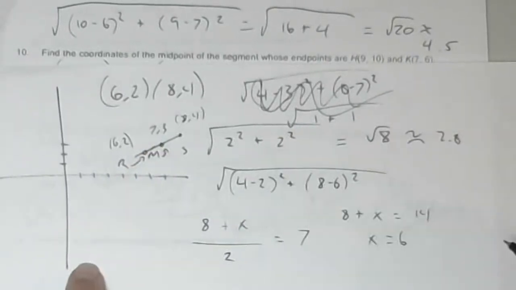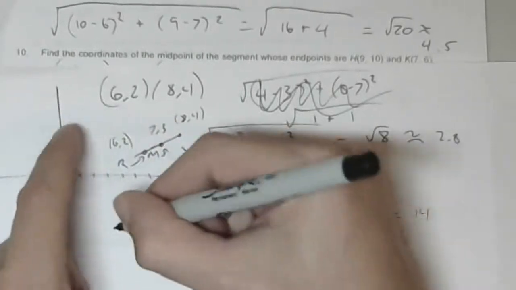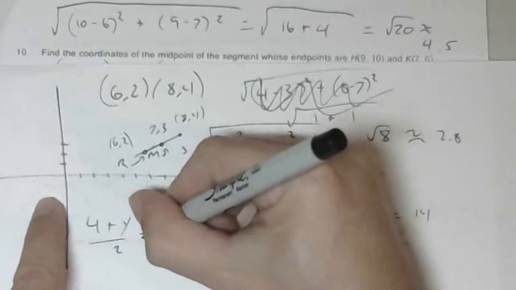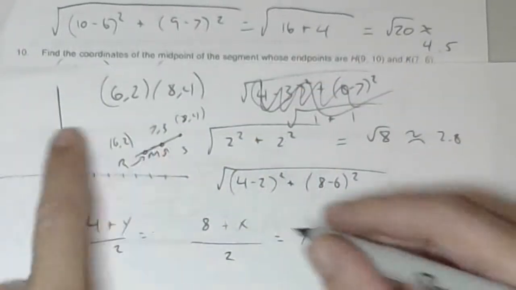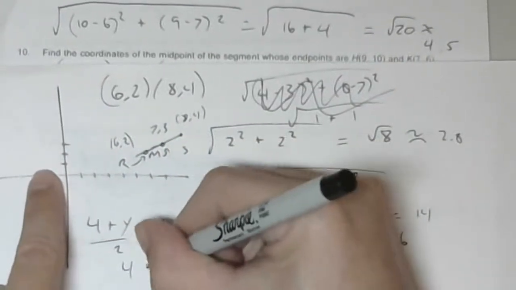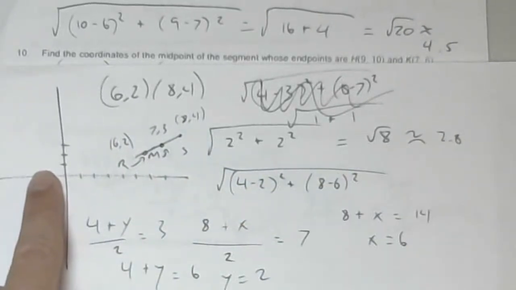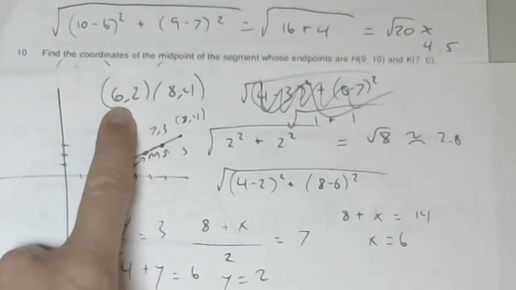I'm going to do the same for y. 4 plus y over 2 equals 3. 4 plus y equals 6. y equals 2.